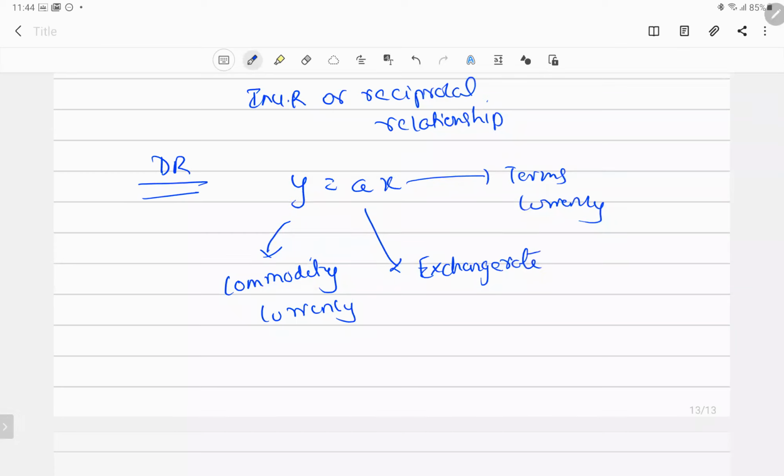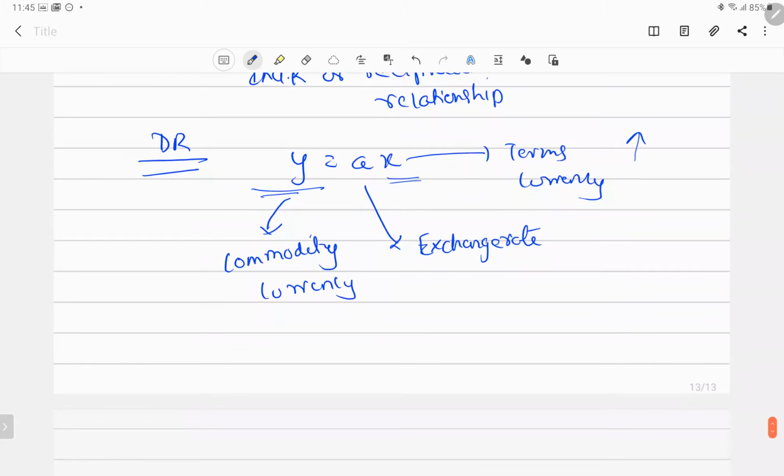So there is a direct relationship between commodity currency and term currency. When there is an increase in the exchange rate, your commodity currency will also rise. It is an effect of your term currency.